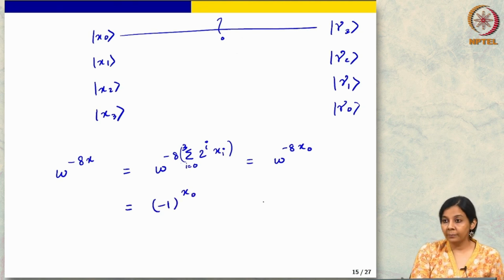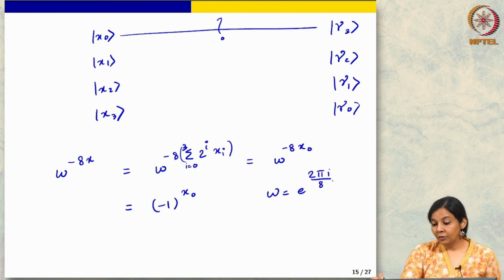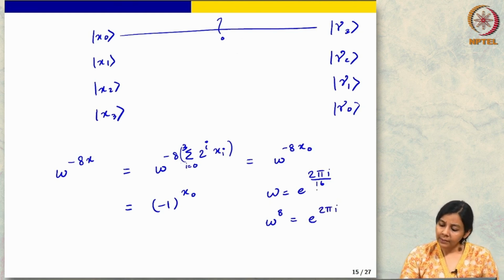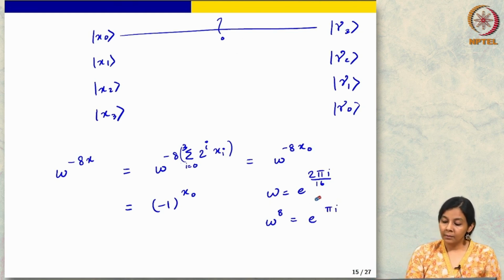This just follows by opening up omega. Omega is e to the 2 pi i by n. What is omega to the 8? Wait, I made some mistake here. It is not by 8, it is by 16. That is the mistake I made. So now what is omega to the 8? It is nothing but e to the pi i, and this is just minus 1.